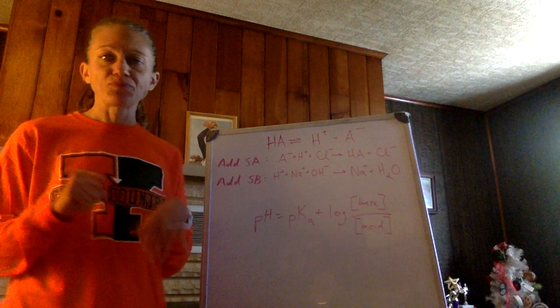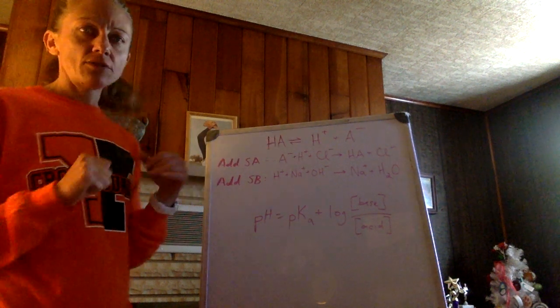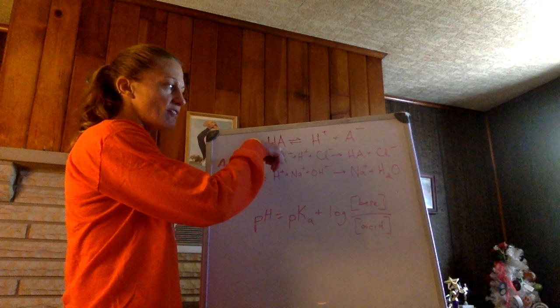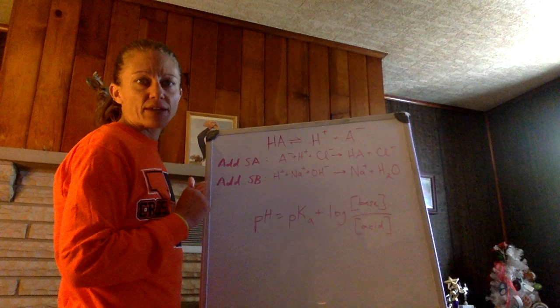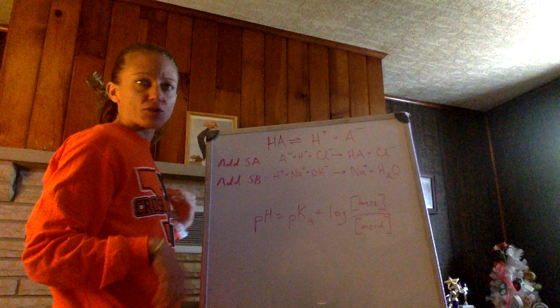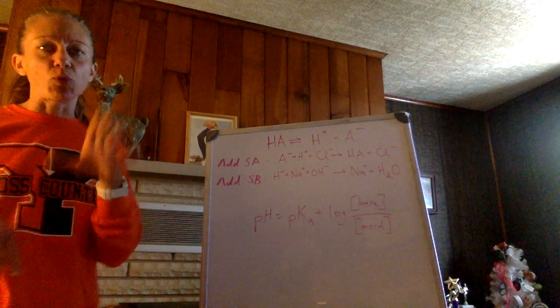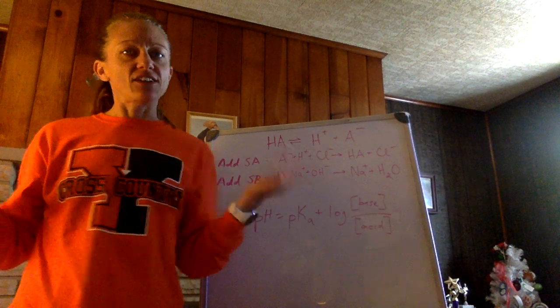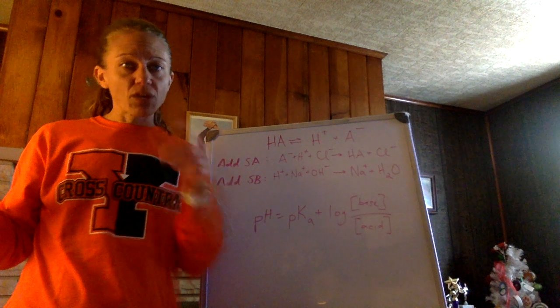So what happens here? We make a buffer that's a weak acid and its conjugate base. So what I would start with to make this buffer, let's say I want acetic acid. And that's the example in your packet.